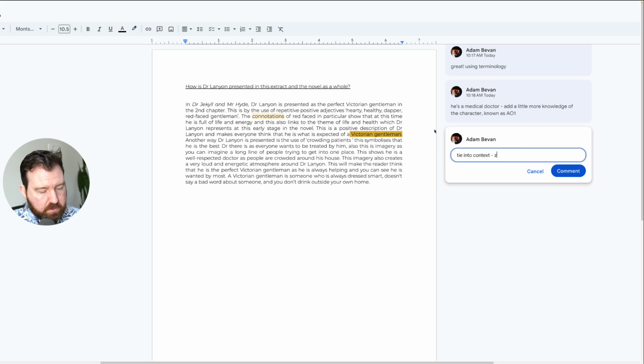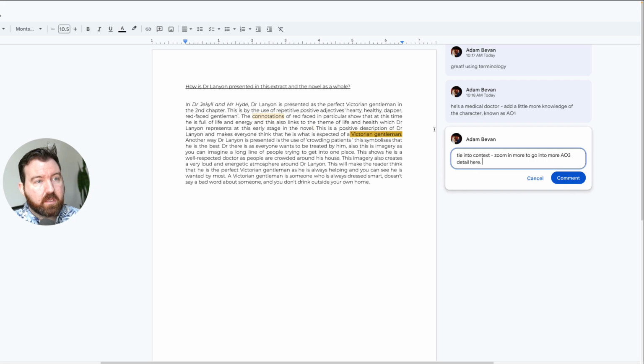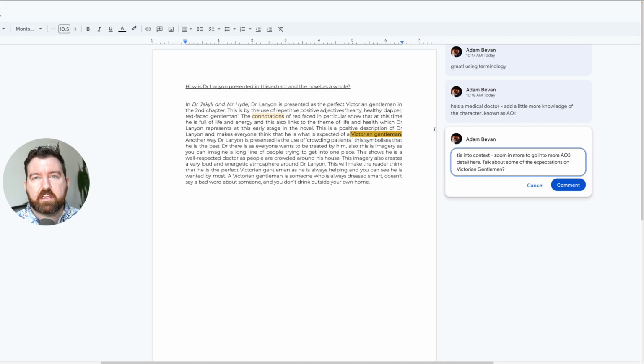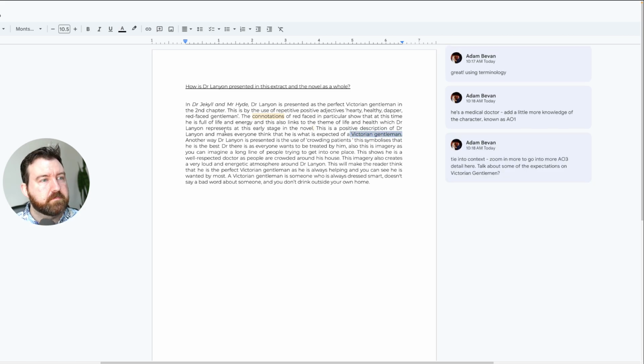You should zoom in more to go into more AO3 detail here. You could talk about some of the expectations on Victorian gentlemen. So the idea that they're always full of life and energy, well-groomed, healthy, handsome, all that stuff. You could add a bit more to the concept of a Victorian gentleman there, and that's going to boost your AO3.